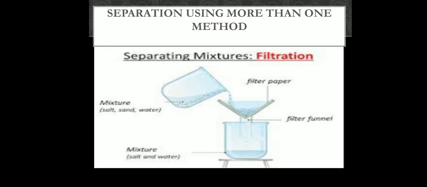What do we do? The sand will settle at the bottom of the container and slowly we can decant the solution of salt and water. Now the next step is to obtain the salt and water from the decanted salt solution. Since water evaporates on heating, we can use evaporation for this step.